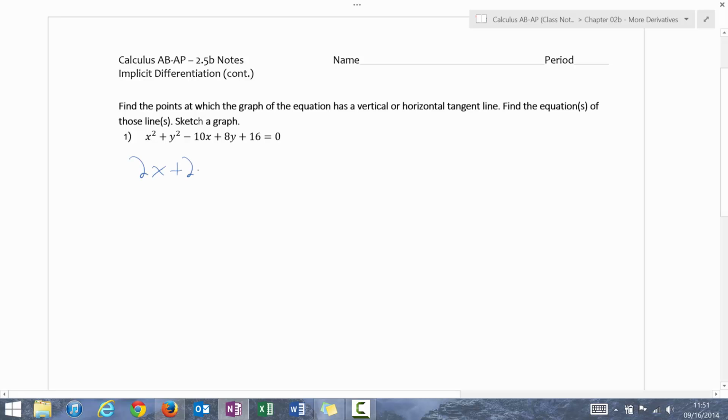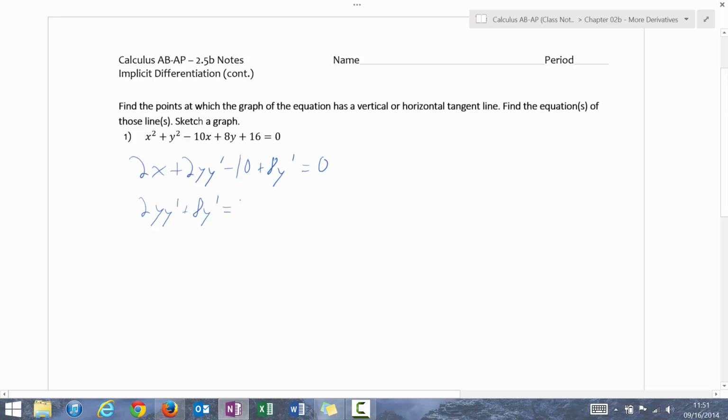So if I go through with what we did yesterday, 2x plus 2y y prime minus 10 plus 8y prime equals 0. The derivative of 16 is 0. And if I isolate y prime, I'm going to do that by keeping my y prime terms on one side of the equal sign and my non-y prime terms on the other side.